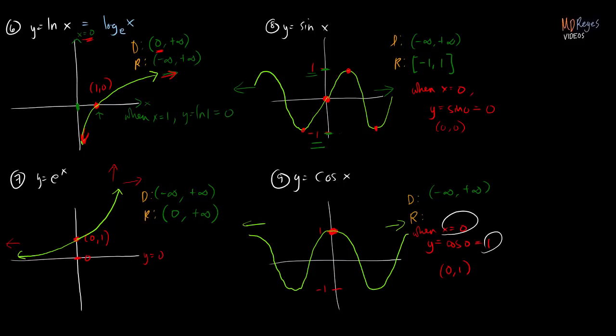It doesn't go beyond these numbers. So the range would be from negative 1 to positive 1. For interval notations, we always have to start from the smallest number. So on the left side is the smallest number, and on the right side of the interval notation is the highest number in the set. Okay?